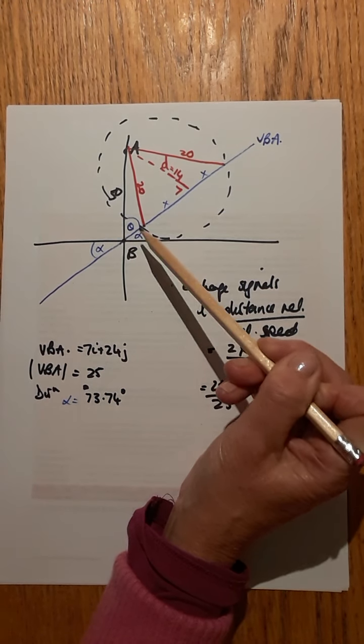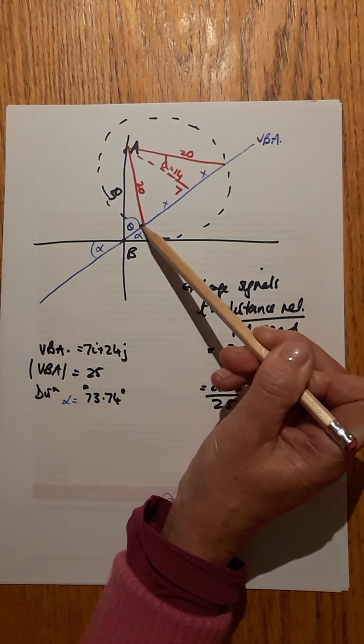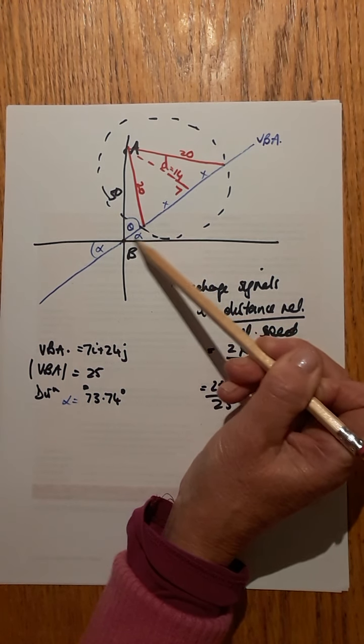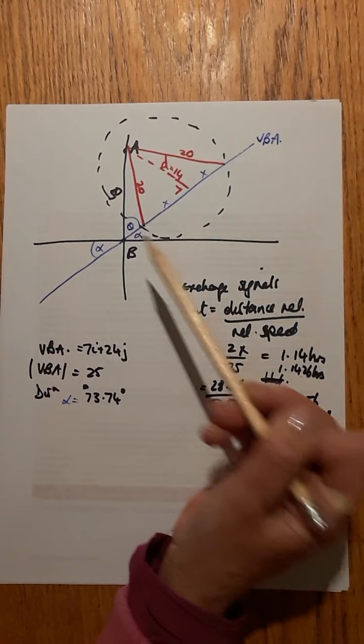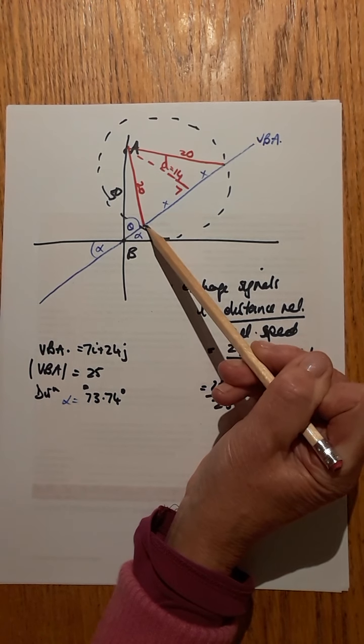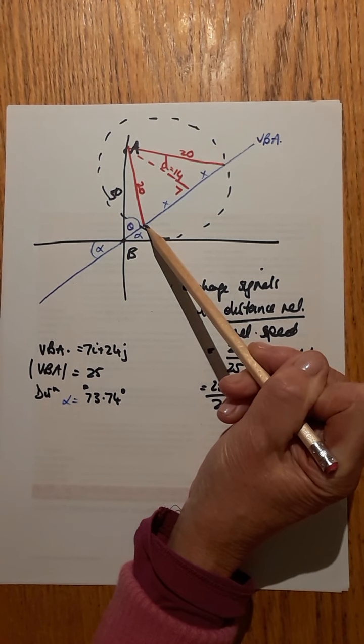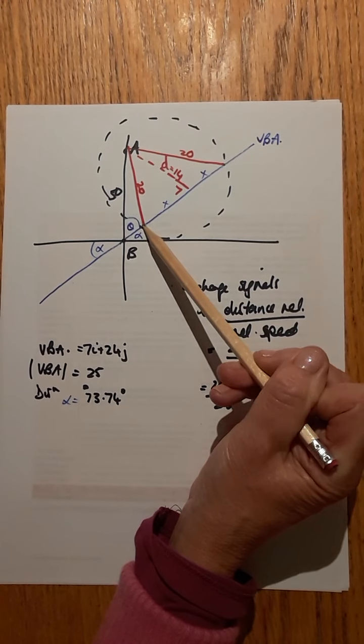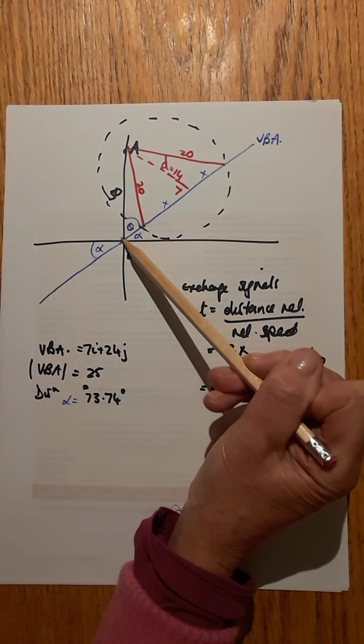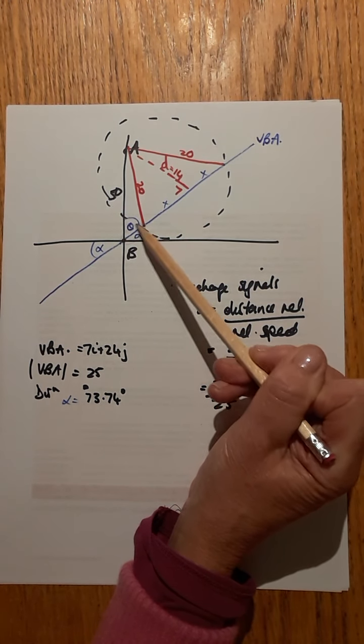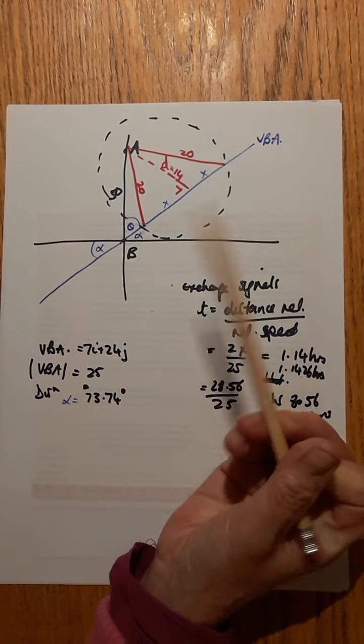So if I could figure out what that distance is, then I could work out the time to get from there to there, because of course I'd use relative distance over relative speed. So my job first of all is to find out what is that little distance there, that bit there.